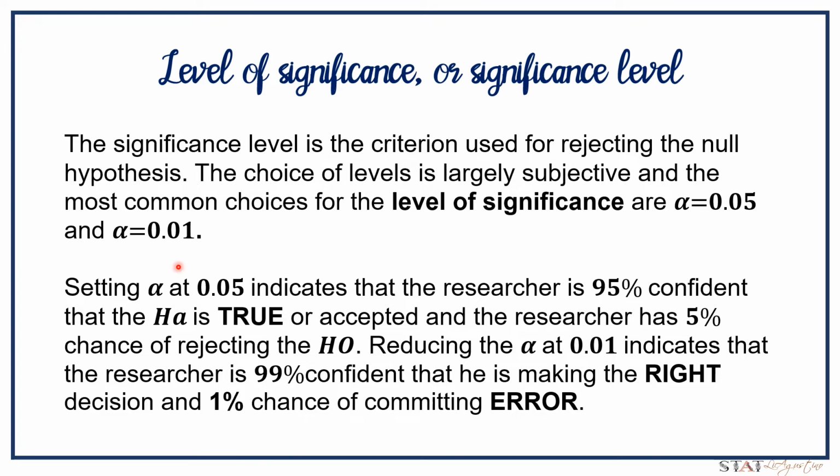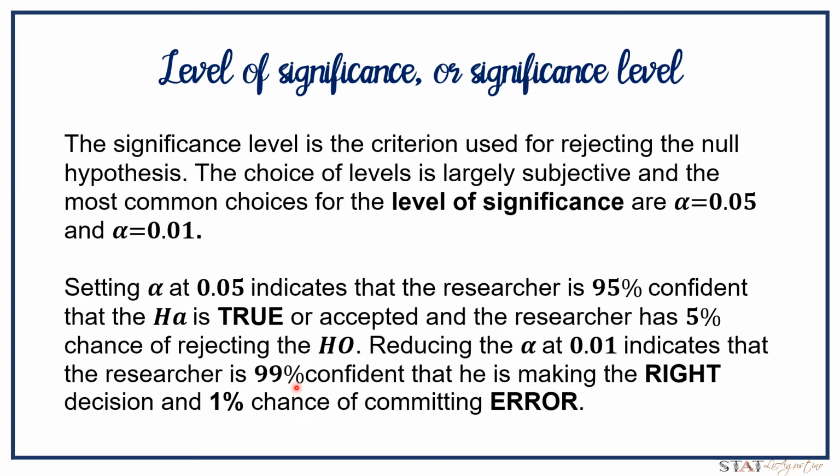Setting alpha at 5% or 0.05 indicates that the researcher is 95% confident that the HA is true or accepted, and the researcher has a 5% chance of committing an error. You have only a 5% probability of committing a wrong conclusion, a wrong statistical decision.